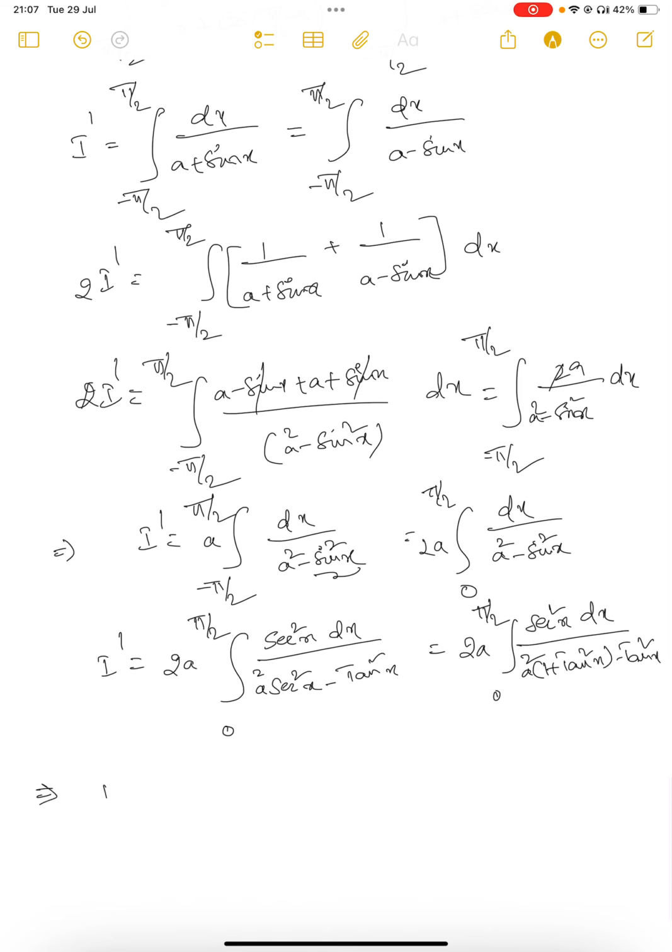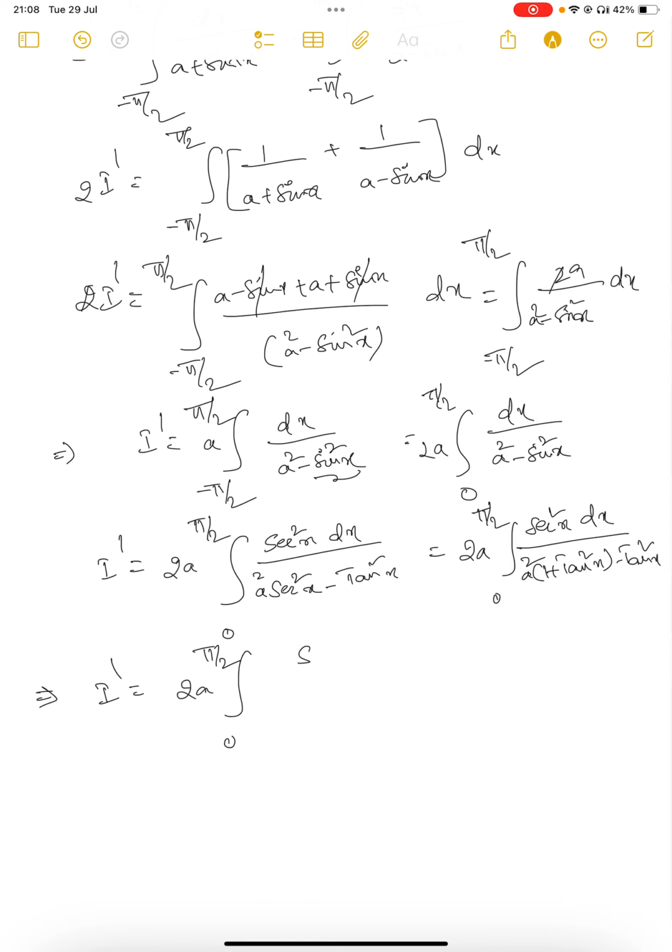Then this will give rise to I prime equal to 2a into integral 0 to pi by 2 secant square x dx by, if you take tan square x common, a square minus 1 tan square x plus a square.